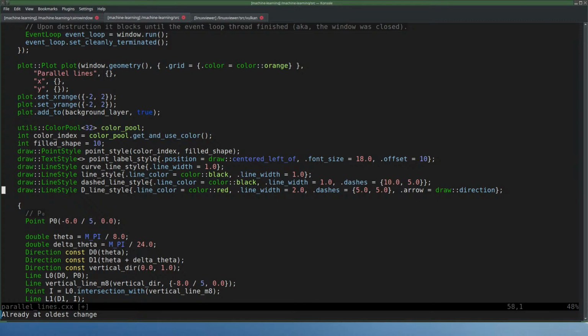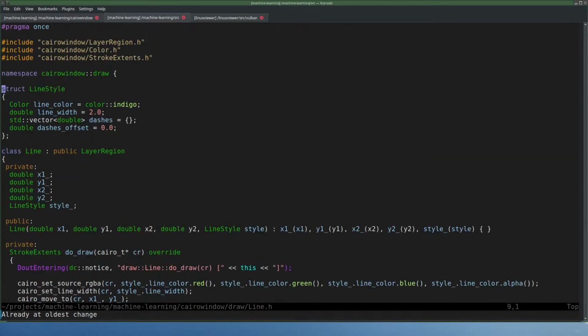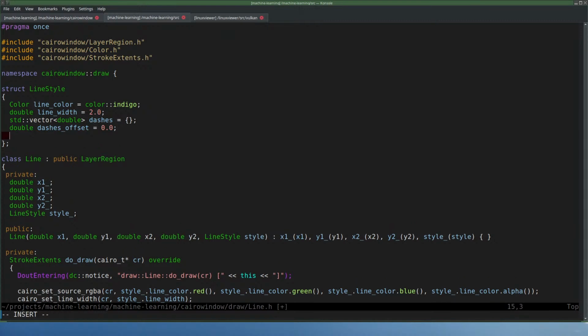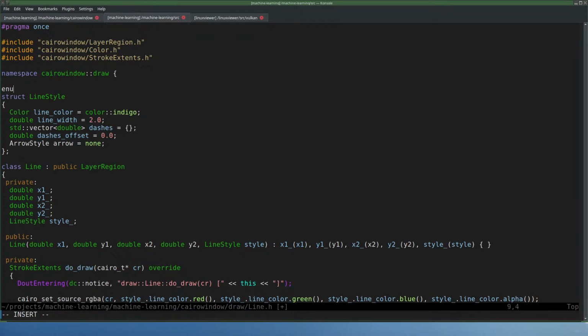I'm gonna call it arrow style. I can't think of anything else. This is already in draw, so we have arrow style here. Arrow, and the default is none, I guess, which probably already exists. Enum arrow style.